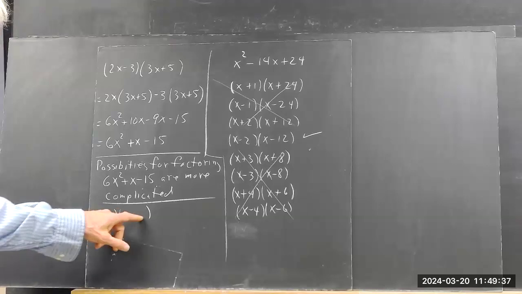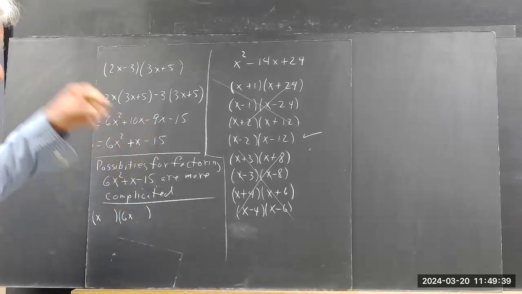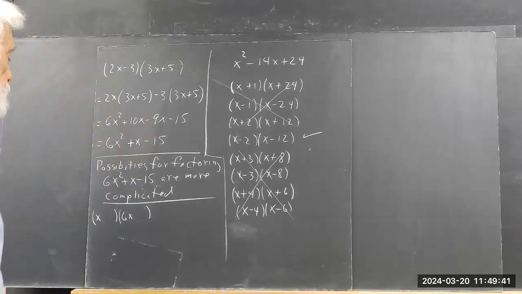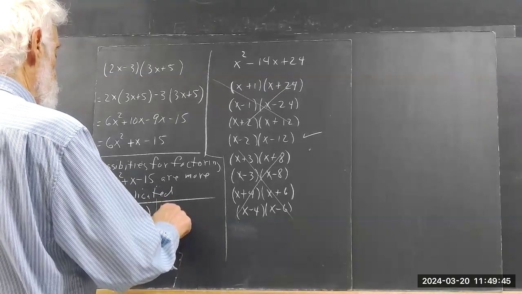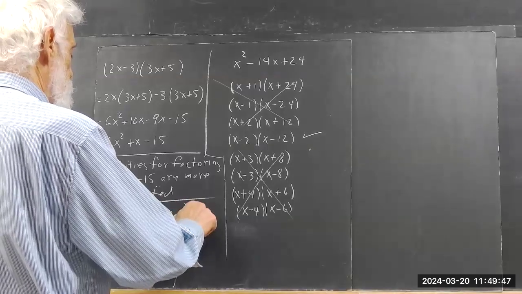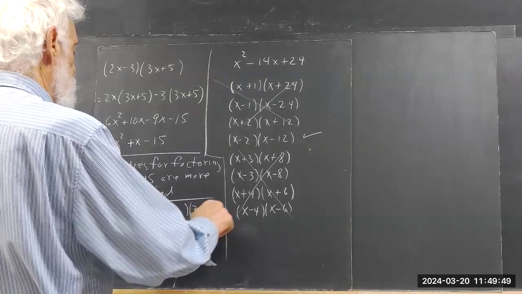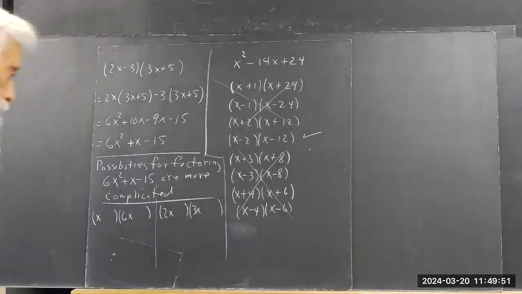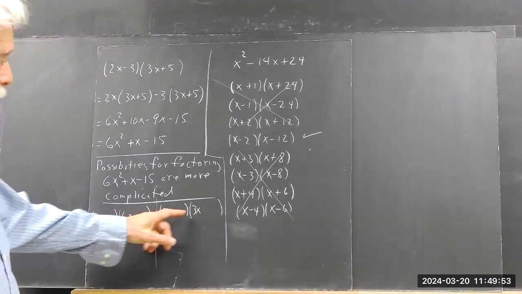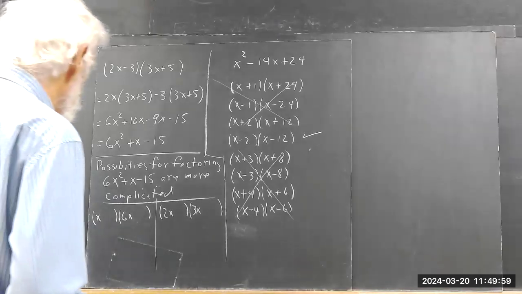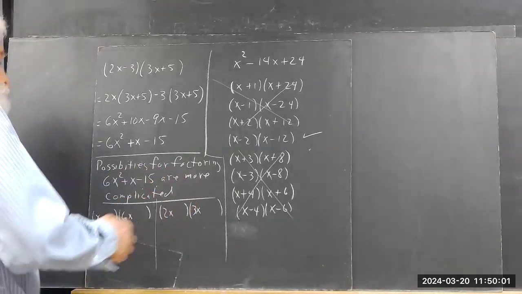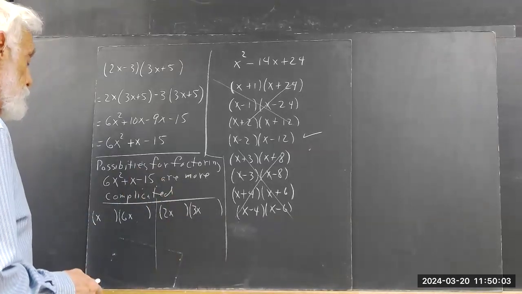And then we have to put two numbers here that multiply out to negative 15. Or we could have 2x with something and 3x with something. And again, two numbers here that multiply out to negative 15. So we could start listing possibilities.